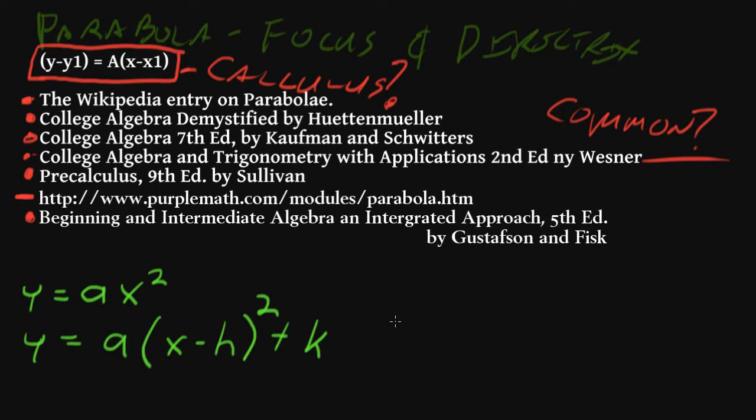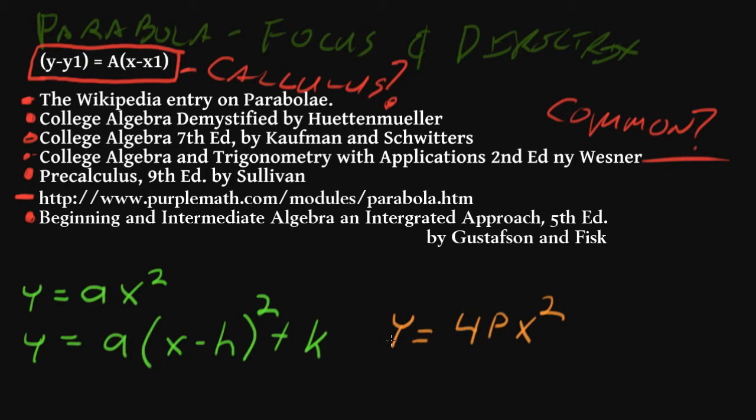The other form that you see very commonly is y equals 1 over 4p times x squared.